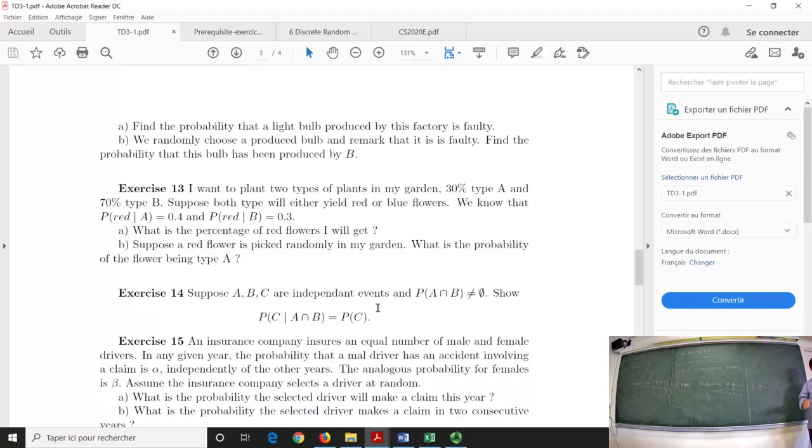So flowers are of two types, A or B. In my course, I have taken an example of an item that was made by 3 different factories and so on. It's exactly the same situation. To compute the first, the law of total probability, because being of type A or being of type B is a partition of the universe. Law of total probability. I think we finish, in fact. If you have understood this, the exercise is just to write the law of total probability.